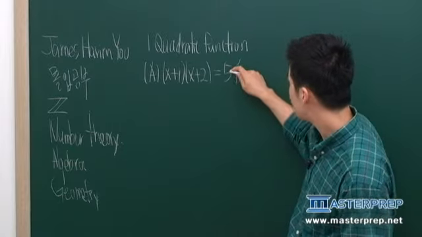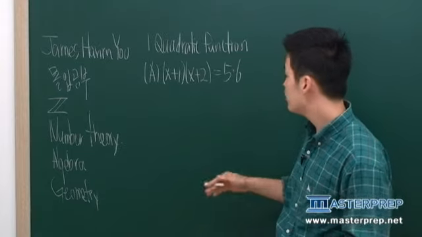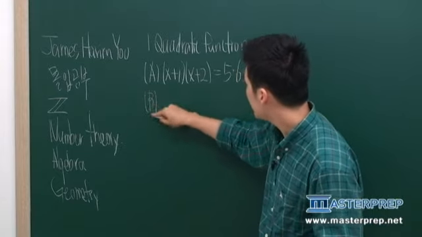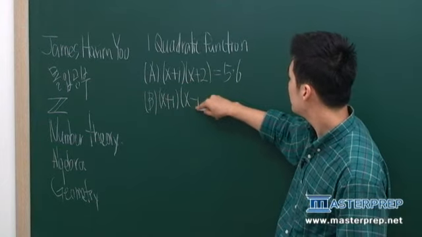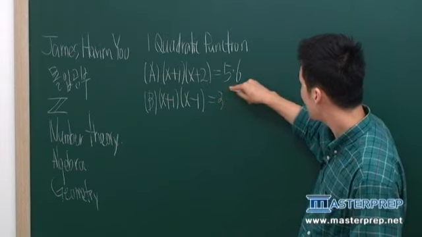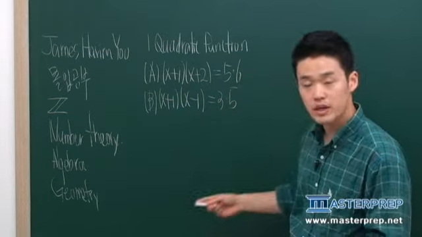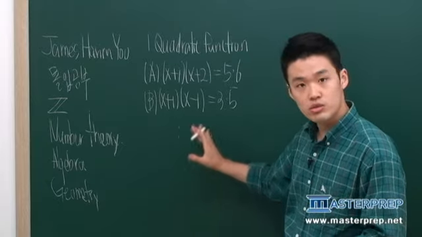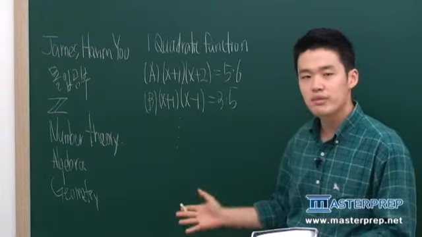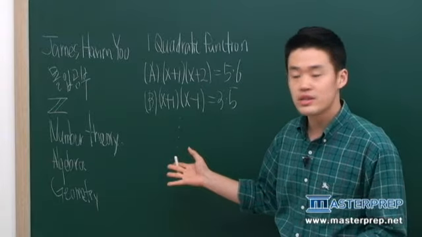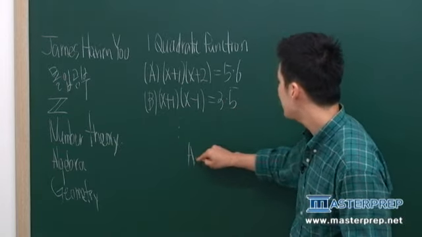This is a product sign, so I'm going to use this product sign instead of the x notation. And B is equal to (x + 1)(x - 1), which is equal to 3 times 5, which is definitely smaller than A. As you go through using this intuition, you would see A is the biggest number. This question is just seeing if you understand the arithmetic between quadratic functions. All right, so A is the answer for you.